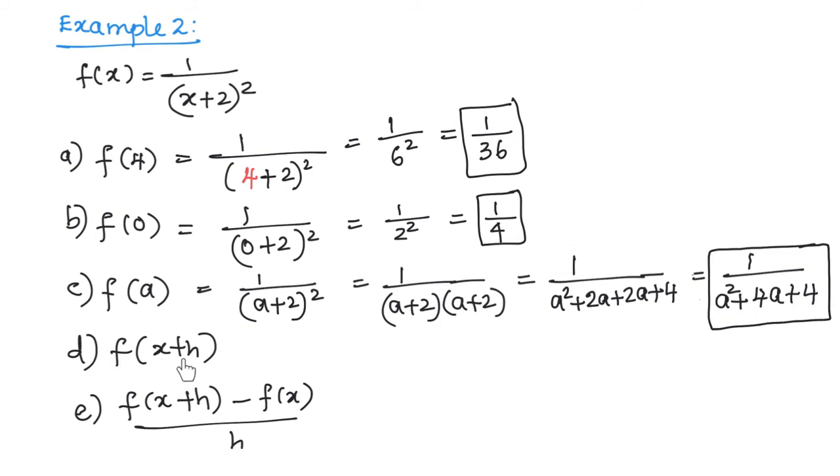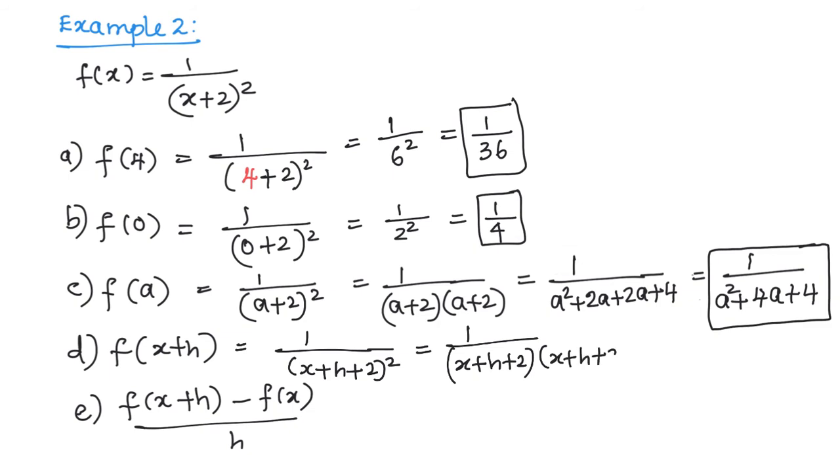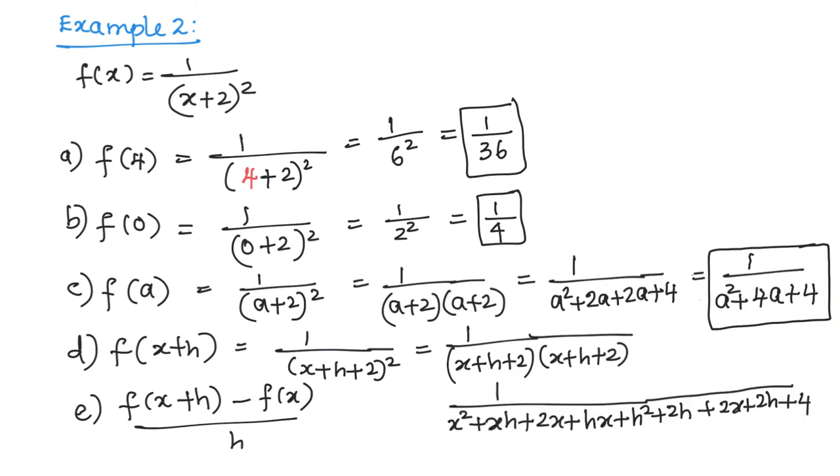Now f of x plus h. So replace this x with x plus h. Now expand this and simplify. Multiply x with each term inside this parenthesis. Then take h and multiply each one. Then take 2 and multiply each one in the parenthesis.